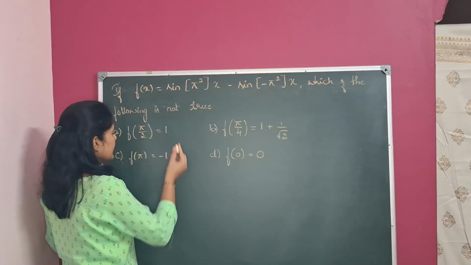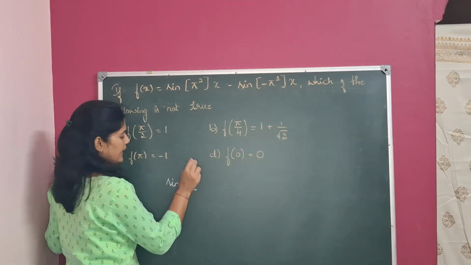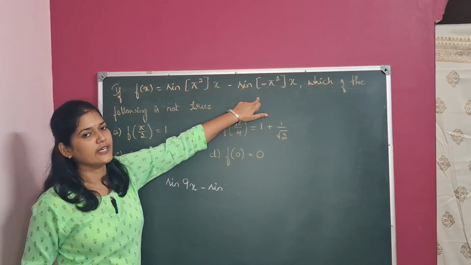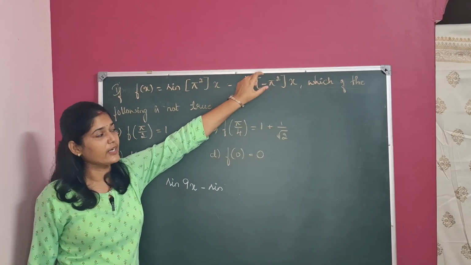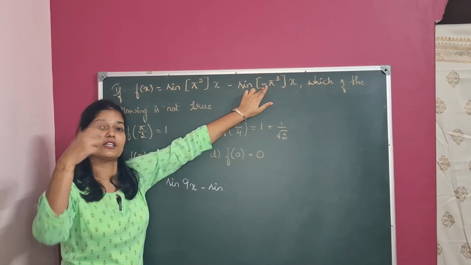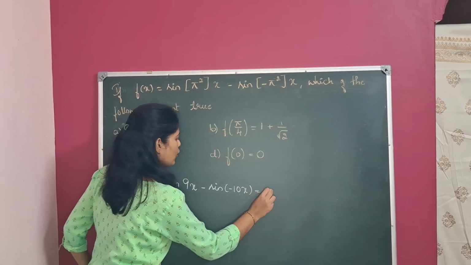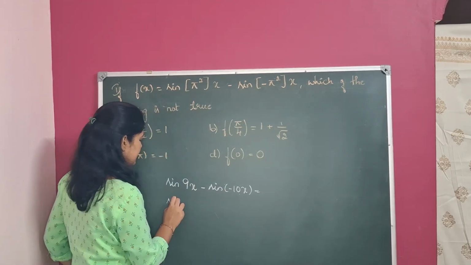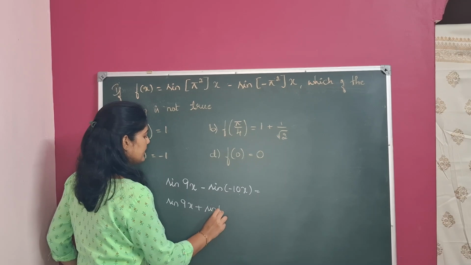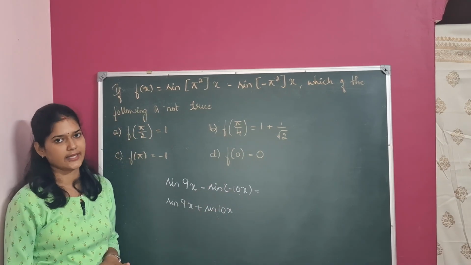So the greatest integer value will give sine 9x minus sine of, here we have minus pi square, that means the value will be minus 9 point something. Therefore, the greatest integer value will be minus 10x, or that is nothing but sine 9x plus sine 10x, because sine of minus theta is minus sine theta.